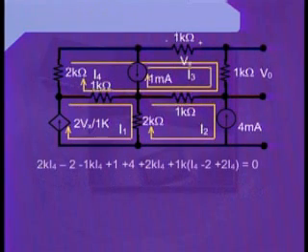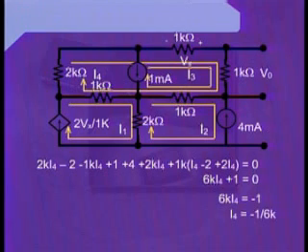Further simplifying this equation, we can write 2k I4 minus 2 minus 1k I4 plus 1 plus 4 plus 2k I4 plus 1k into I4 minus 2 plus 2 I4 equals 0.